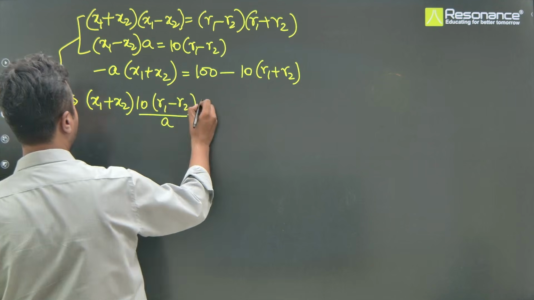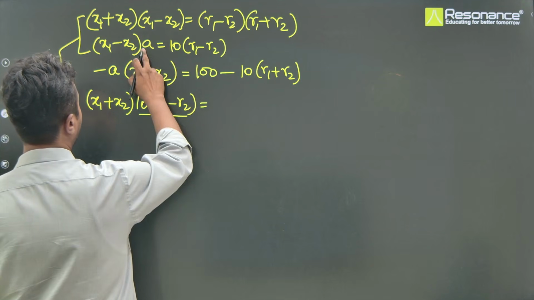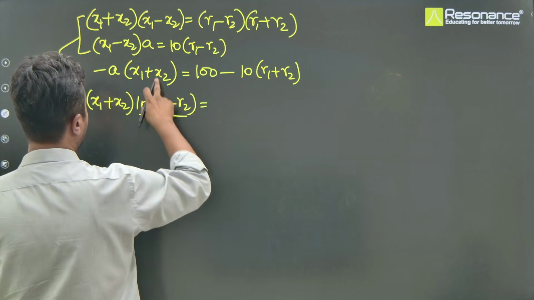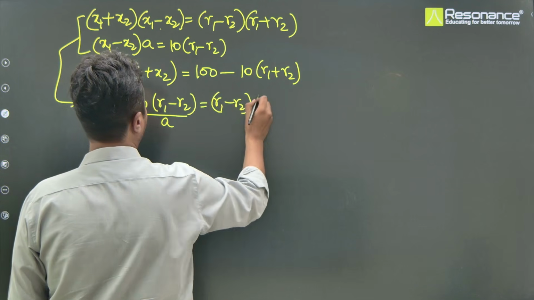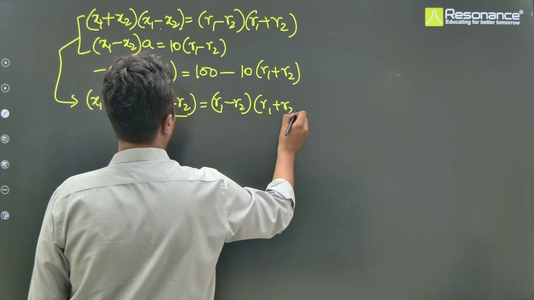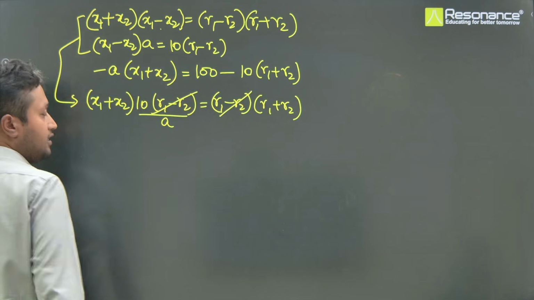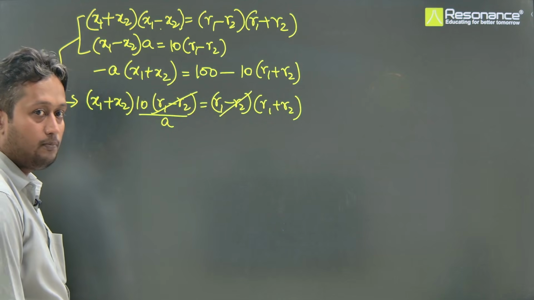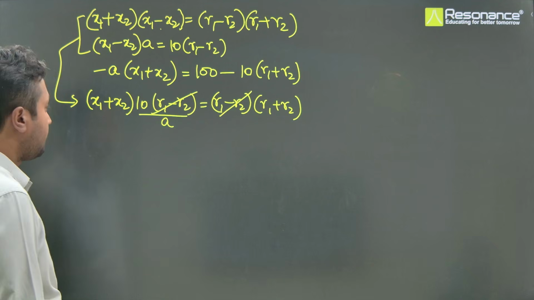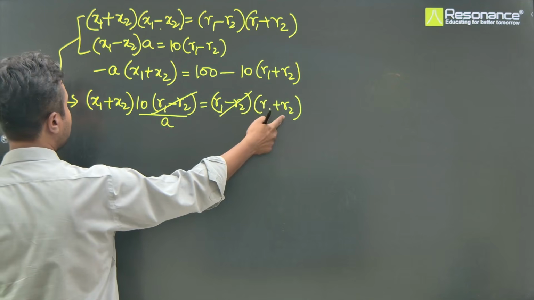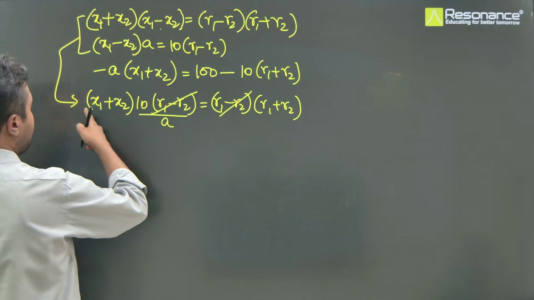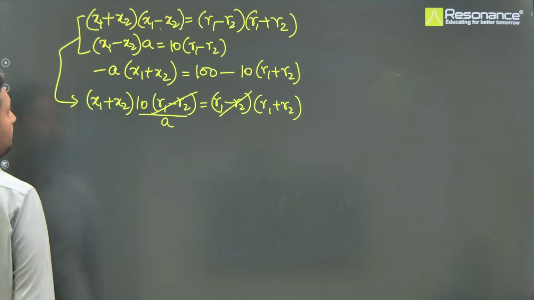But fine, I'm just doing it. And okay, what do we have? So this piece is equal to (R1 minus R2) into (R1 plus R2). And this, you just throw it out, and we hope that the radii are different. Anyway, what we have is R1 plus R2 is now equal to (x1 plus x2) divided by a.